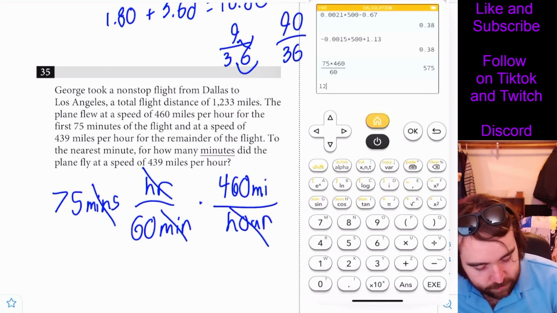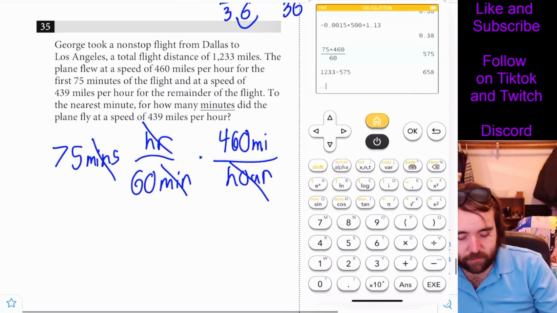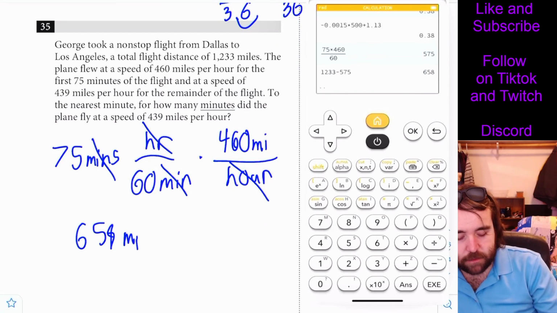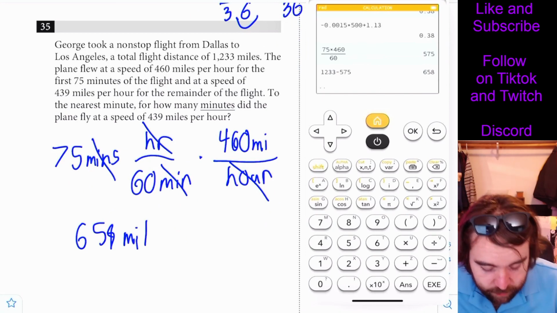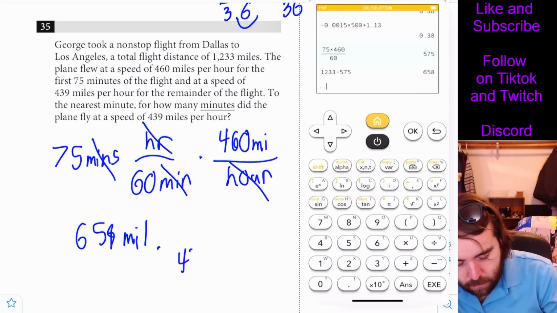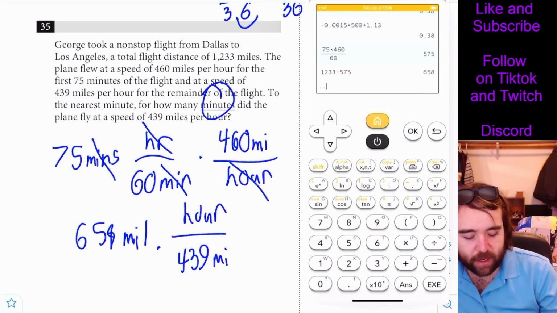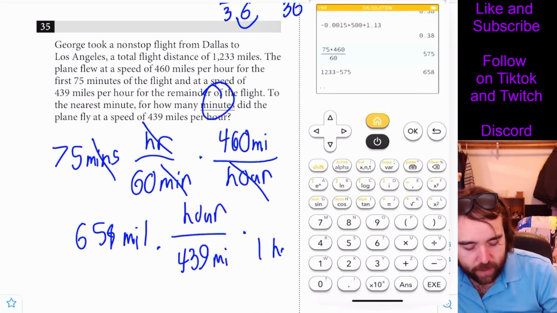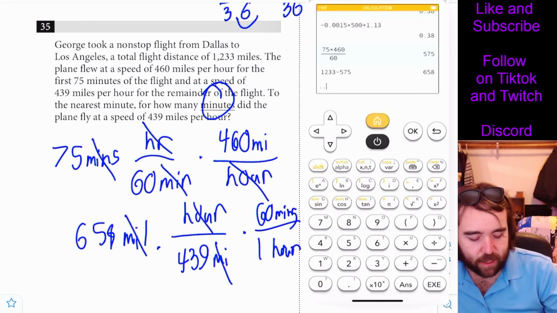So then we're going to take the total distance, 1,200, and we're going to subtract that 575 to say they've got a total of 625 miles left. And they're going to be going 439 miles per hour. And then we want it back in minutes. So then we got to do that there's 1 hour in 60 minutes. So then we've canceled out the miles to put it in hours. We've canceled out the hours.